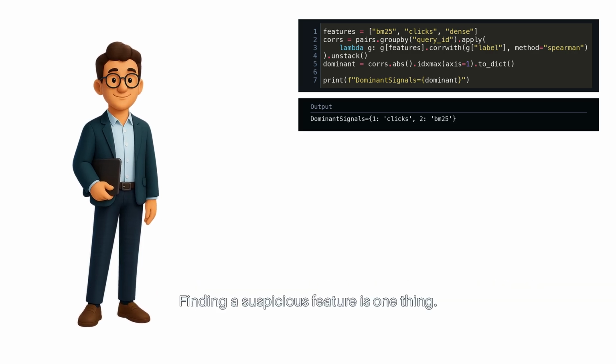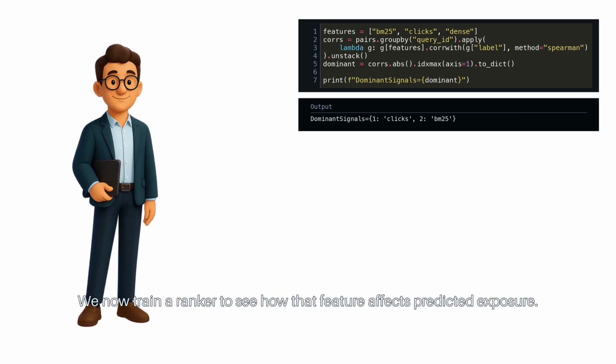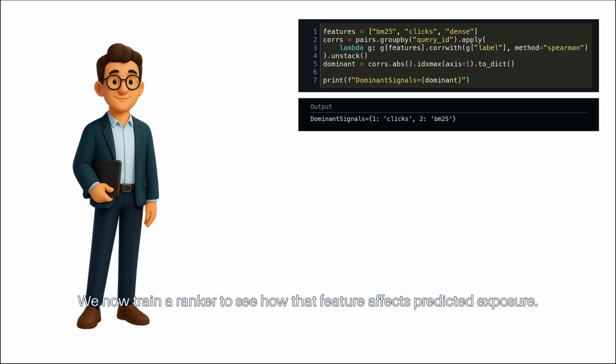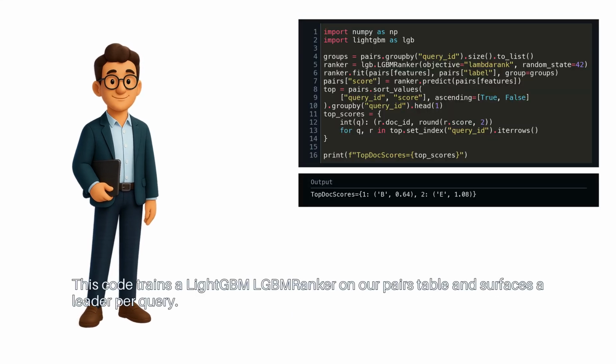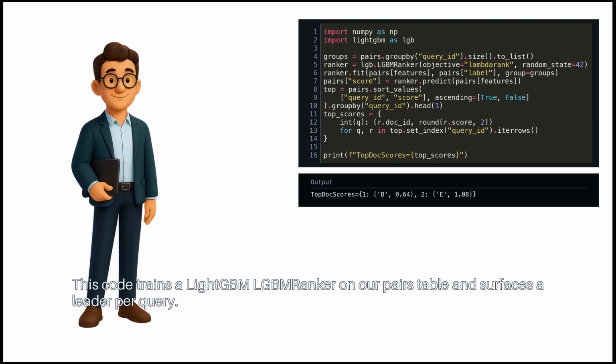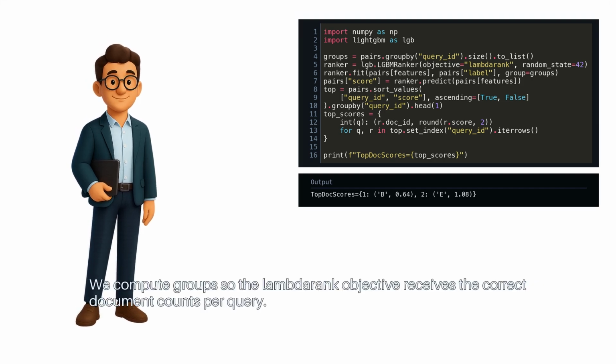Finding a suspicious feature is one thing. We now train a ranker to see how that feature affects predicted exposure. This code trains a LightGBM LGBMRanker on our pairs table and surfaces a leader per query. We compute groups, so the lambdarank objective receives the correct document counts per query.